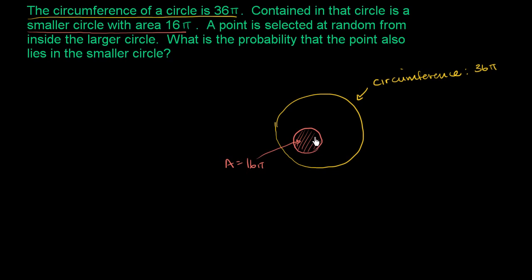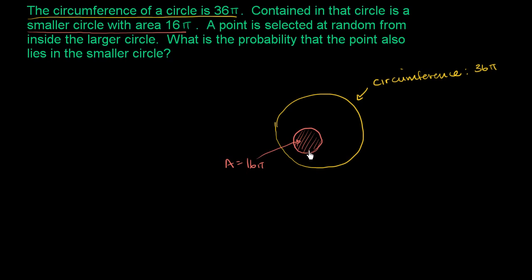So here it's a little bit interesting because you actually have an infinite number of points in both of these circles, because it's not separate balls or marbles like we saw in the first example, or separate numbers. There's actually an infinite number of points you can pick here. And so when we talk about the probability that the point also lies in the smaller circle, we're really thinking about the percentage of the points in the larger circle that are also in the smaller circle.